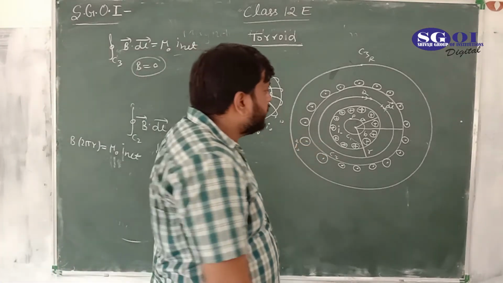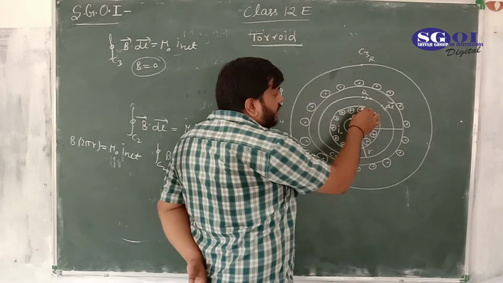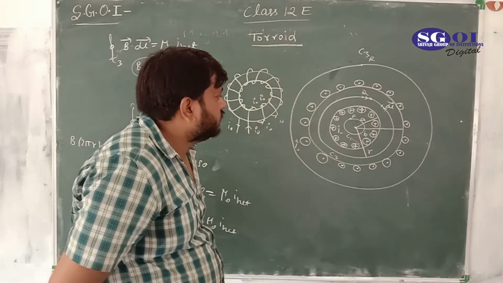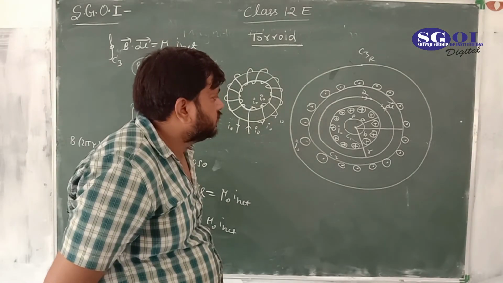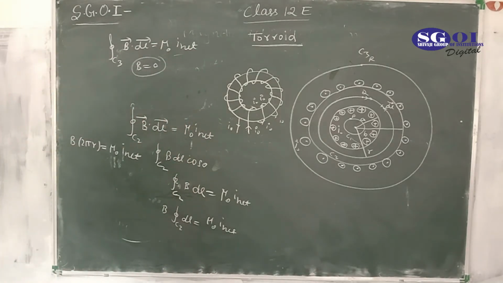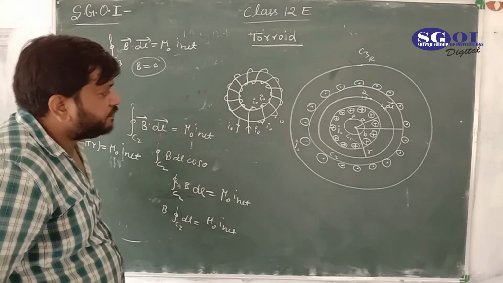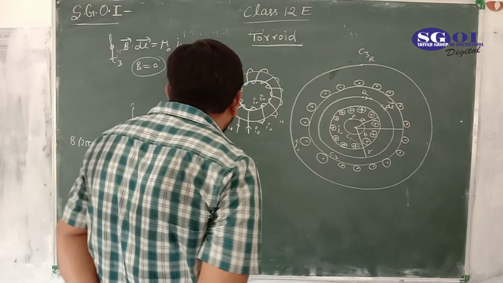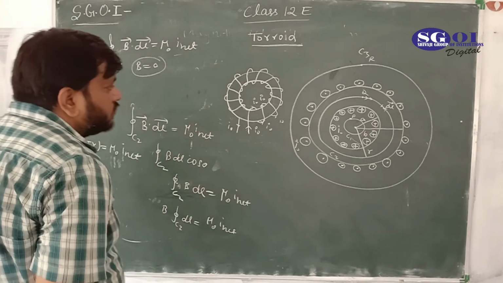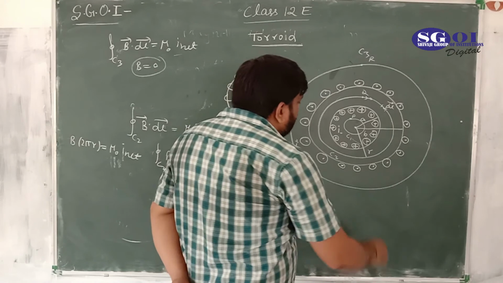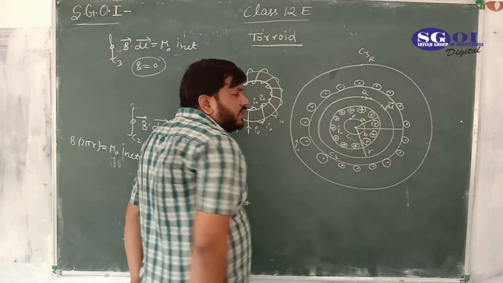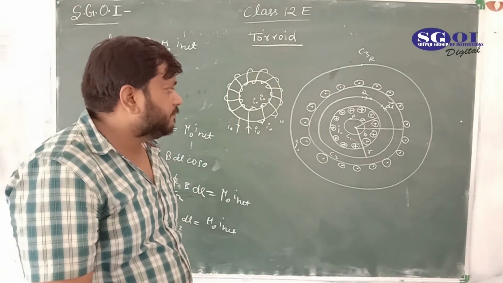And what is I net? Current is entering I naught. So what is I net? How do we want to find the I net? The total current. This is I naught, plus I naught, plus I naught, plus I naught. How many turns are there in that toroid?